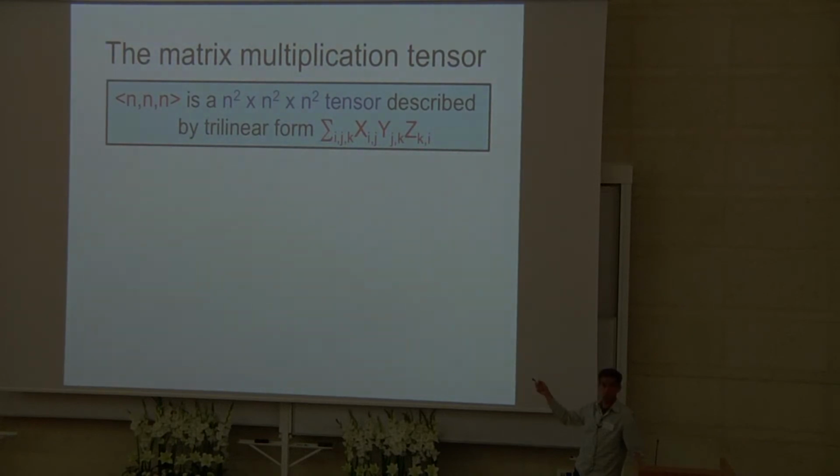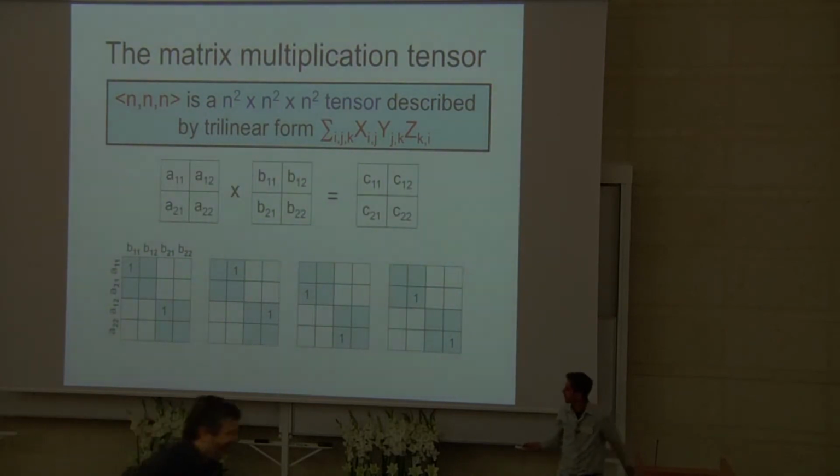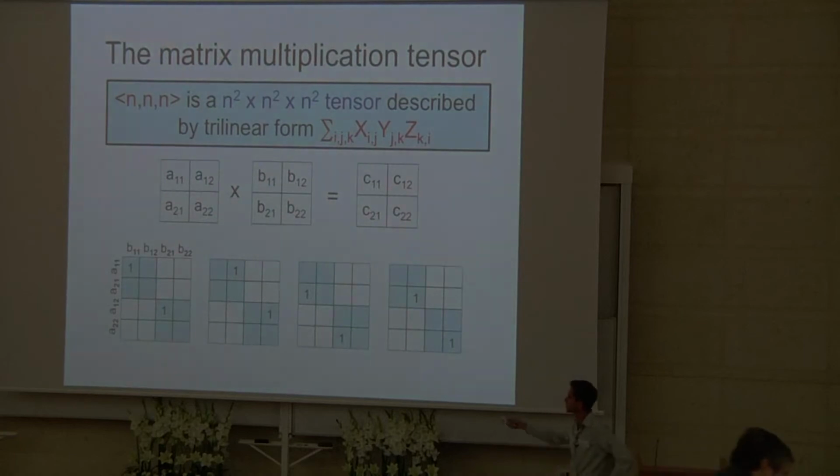All the coefficients are 1s or 0s. And here it is in pictures, which I think is maybe a little bit easier to think about. So this is for a 2 by 2 matrix multiplication. Let me see if I can show you the correspondence. Each slice describes one of the bilinear forms, that is, one of the 4 entries of the result matrix.